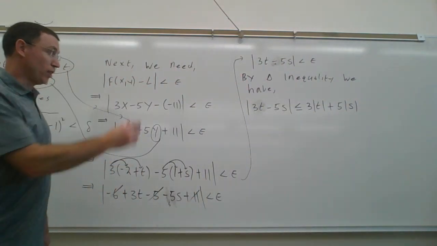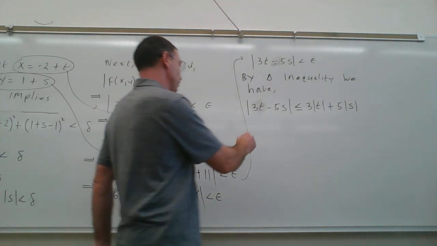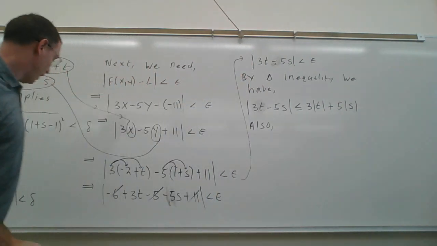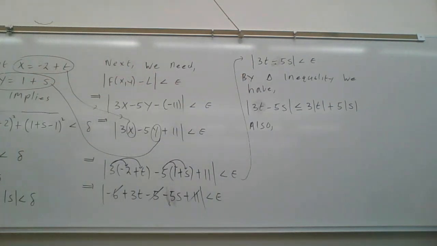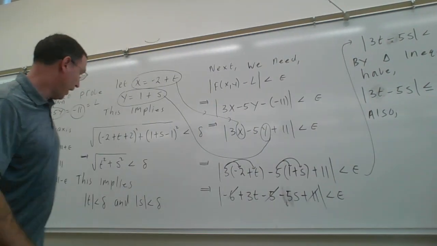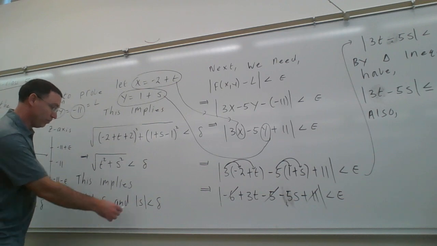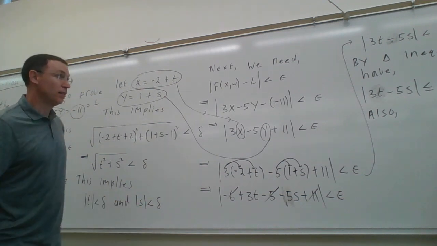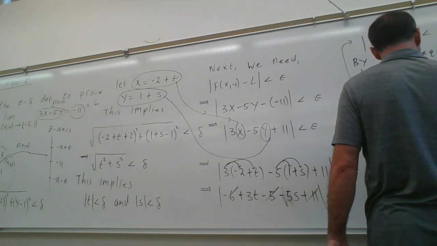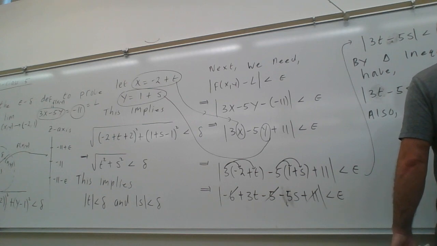So you should convince yourself that that's true. Also, from the previous step we did over here, I can turn it back over here for a second, we have that the absolute value of t is less than delta, and the absolute value of s is less than delta. So let me write that here.